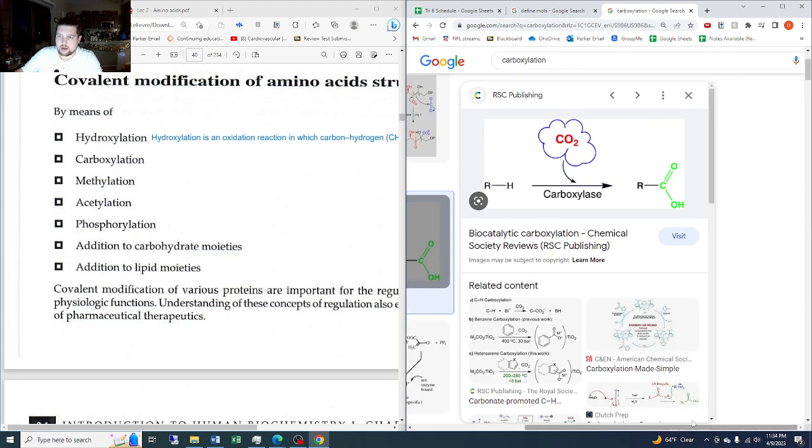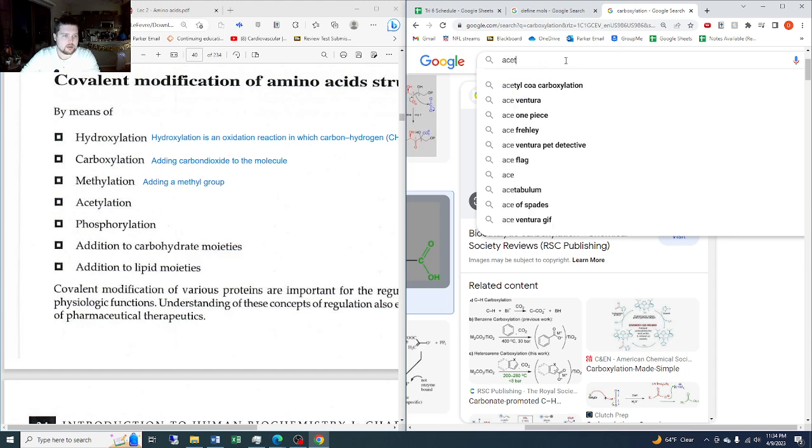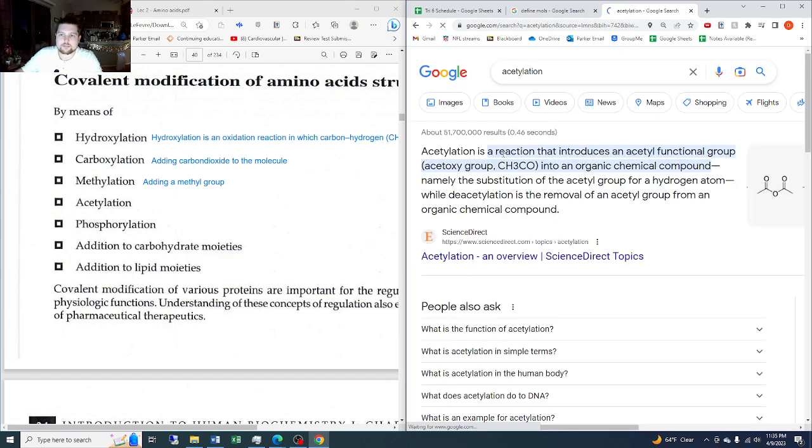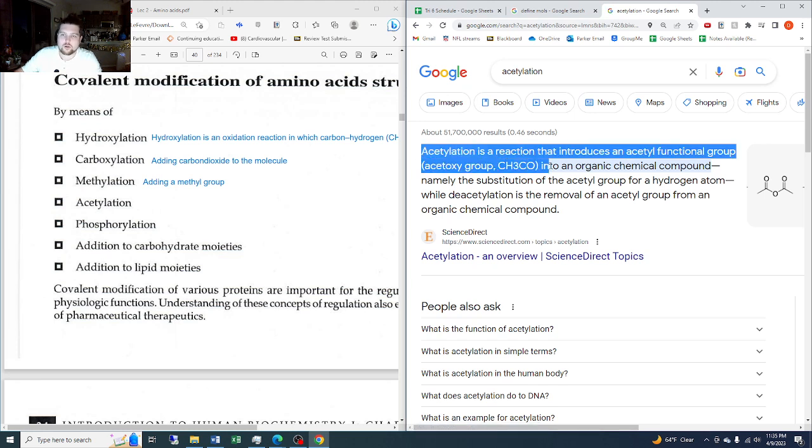So this is adding a carbon dioxide. Methylation, this is adding a methyl group. Acetylation introduces the acetyl functional group, which is the CH3CO.